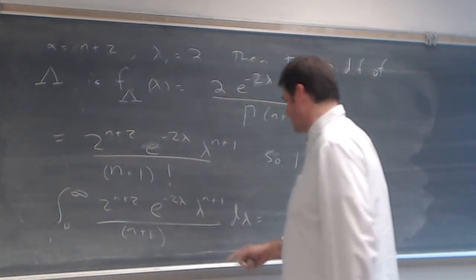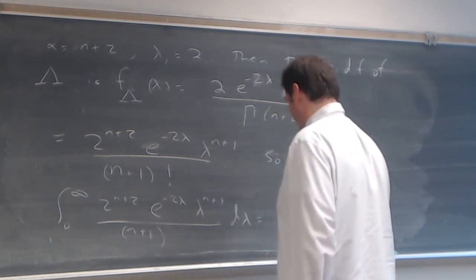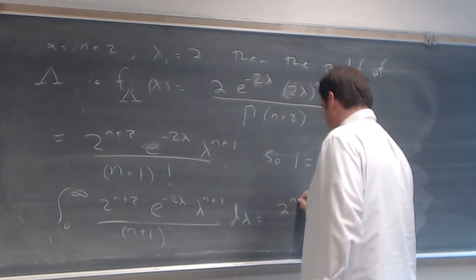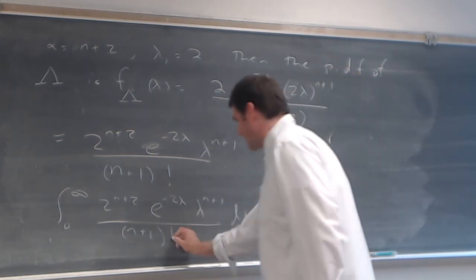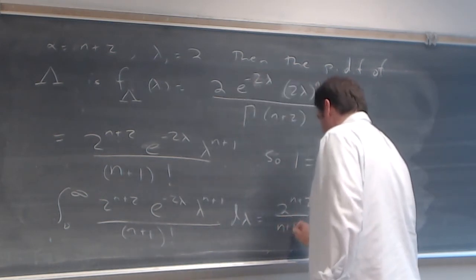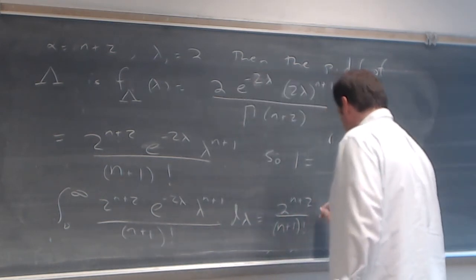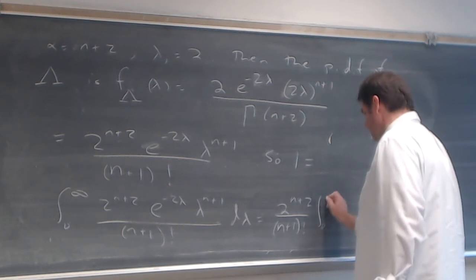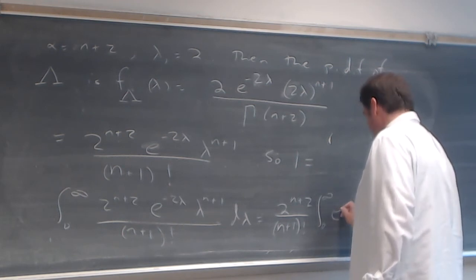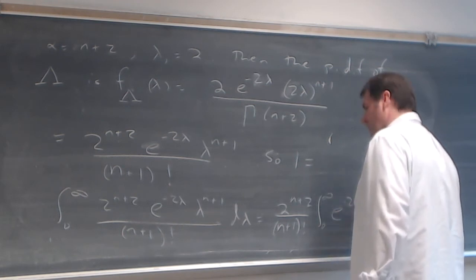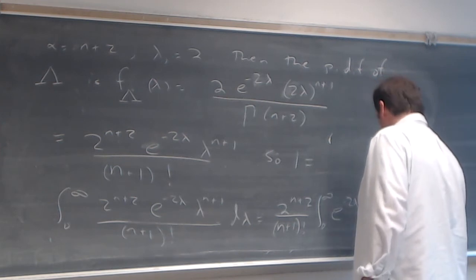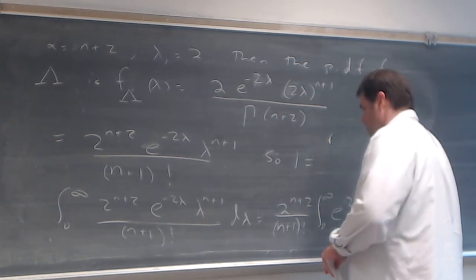But you can take out certain things that don't have lambda in them. We have 2 to the n plus 2, and n plus 1 factorial, times the integral from 0 to infinity of e to the minus 2 lambda, lambda to the n plus 1, d lambda.